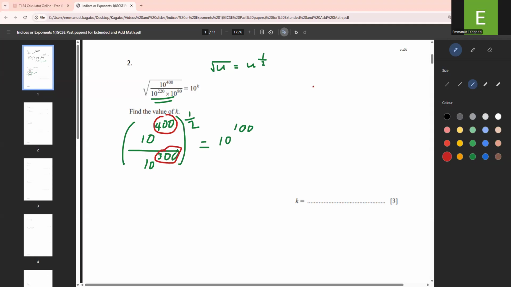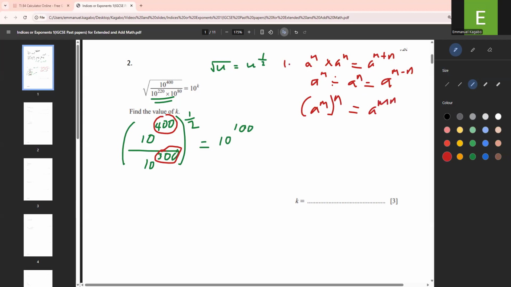So the rules, maybe I can write the rules here very fast. A power m times a power n is equal to a power m plus n. You should be familiar with that. A power m divided by a power n is equal to a power m minus n. Now a power m, then everything power n, will be a power mn.